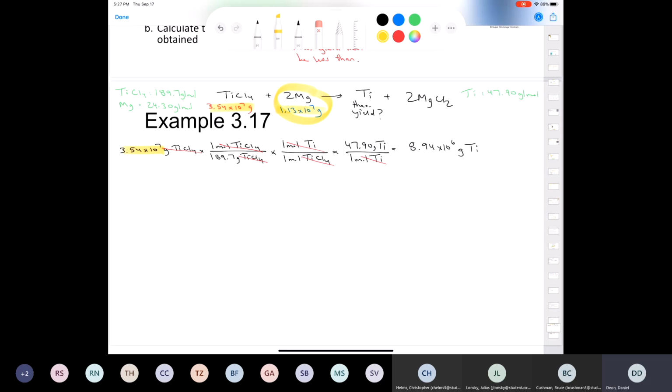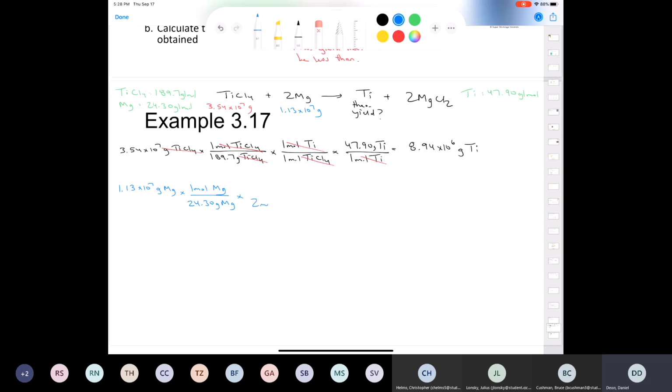We only have this much magnesium, and so we need to run all of these calculations again, but now we're going to start out with our magnesium, and we know that we have 1.13 times 10 to the 7 grams of magnesium, and I know that in 1 mole of magnesium, I have 24.30 grams. From my balanced equation, I know that for every 2 moles of magnesium, I form 1 mole of titanium.